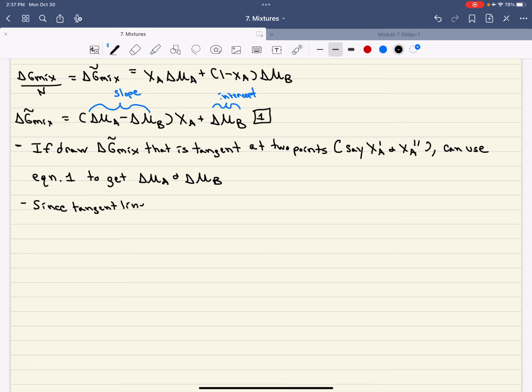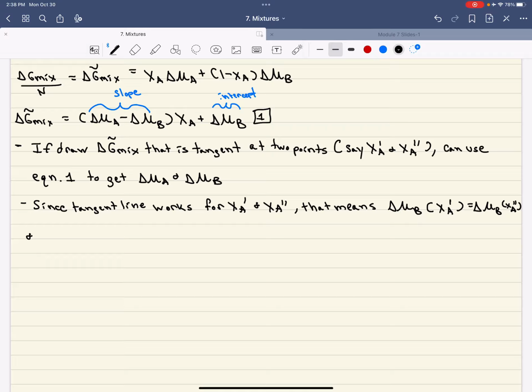Okay? Alright, and so the utility of this is that since the tangent line works for XA prime and XA double prime, that means that the delta mu B that you calculate, which is a function of XA prime, is also equal to the delta mu B that you get for XA double prime.